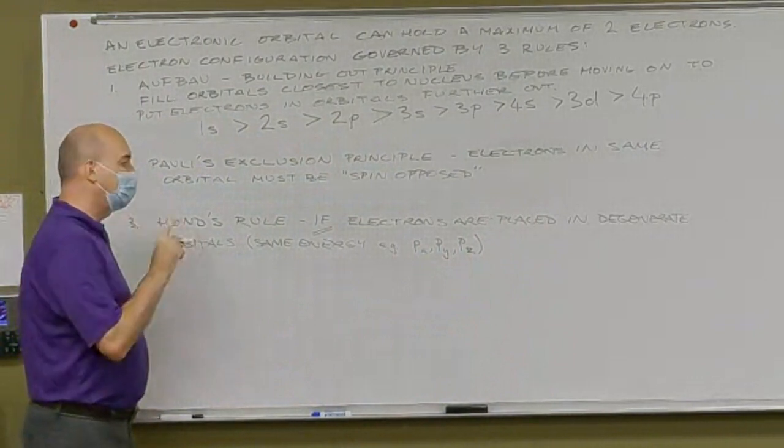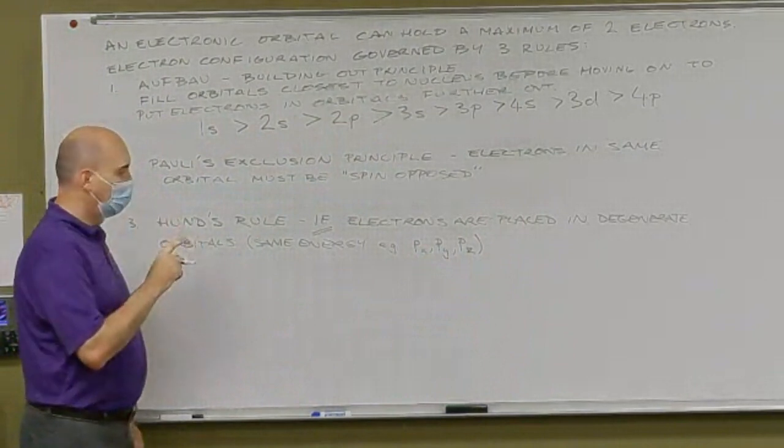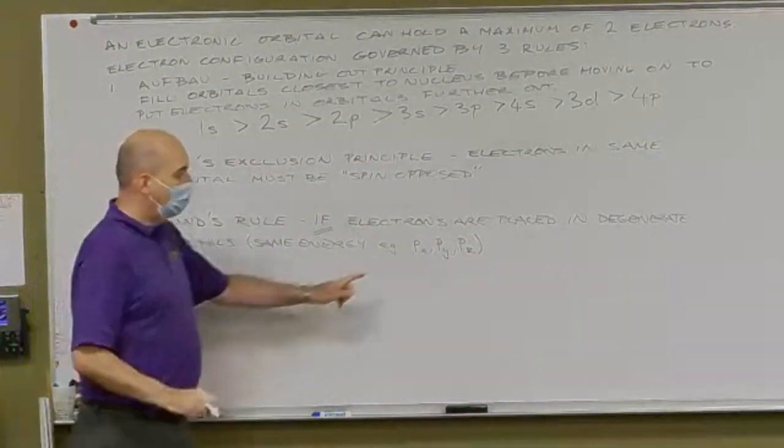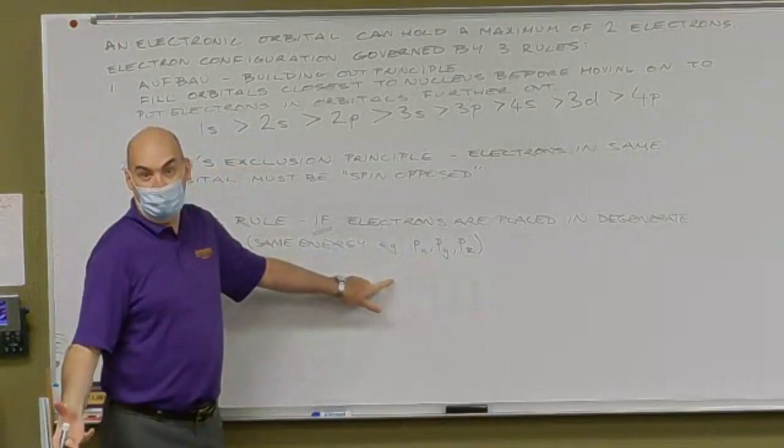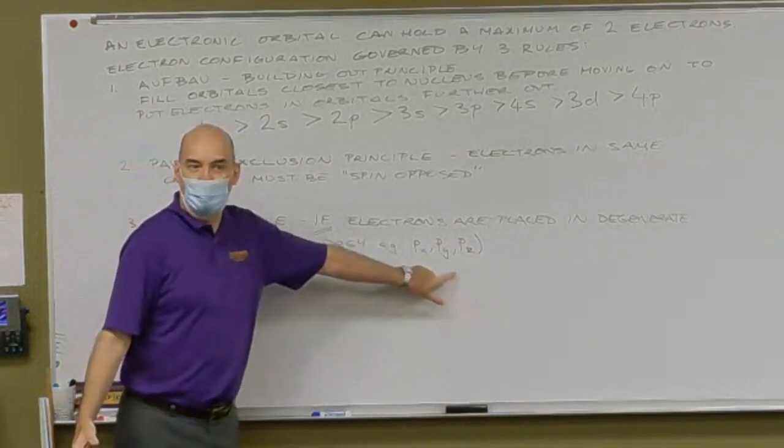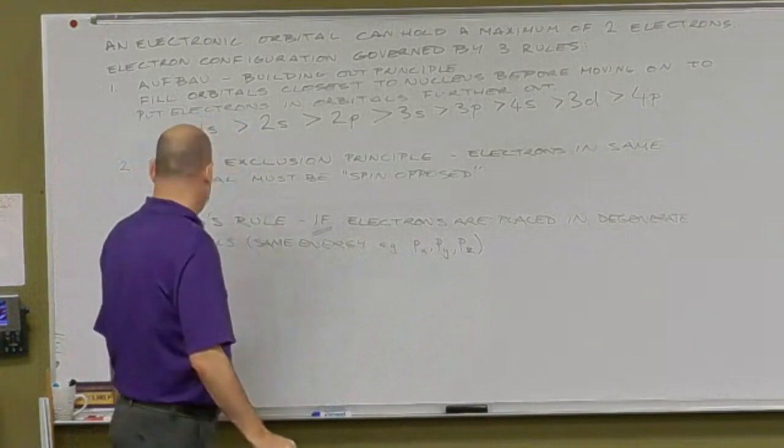So if you place electrons into electrons that belong to a group, it's another way of thinking about what degenerate means. They belong to a group. They can be grouped together.